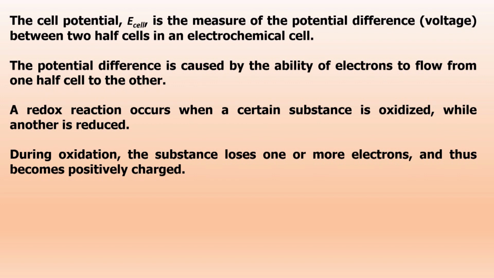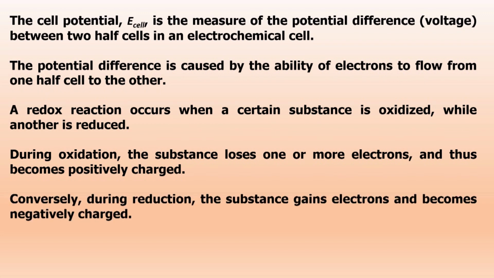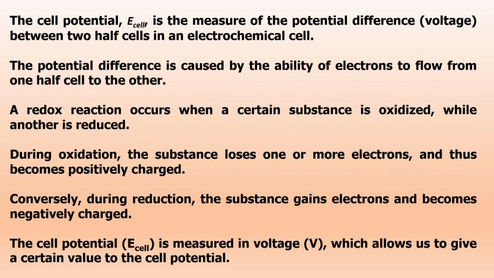During oxidation, this substance loses one or more electrons and thus becomes positively charged. Conversely, during reduction, this substance gains electrons and becomes negatively charged. The cell potential, or E-cell, is measured in voltage, which allows us to give a certain value to the cell potential.